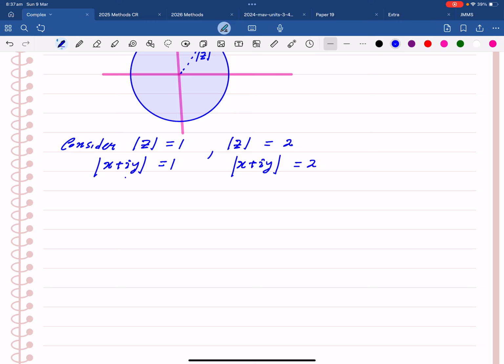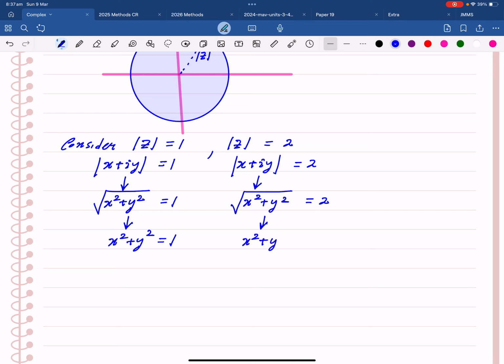So mod is nothing but x squared plus y squared square root, right? Square root is 1. So from here, x squared plus y squared square root is 2. Now from here you get x squared plus y squared is equal to 1 when you square it, and from here you get x squared plus y squared is equal to 4, right?